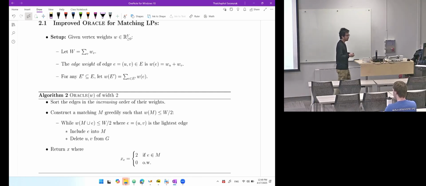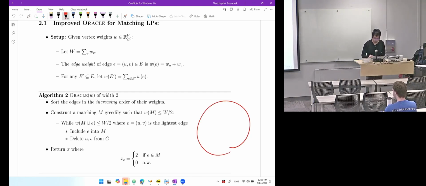And then repeat. So you have a graph, pick an edge with the minimum weight. If the total weight is not too big, remove its endpoints from the graph, find another edge, and remove, find another edge, and remove.